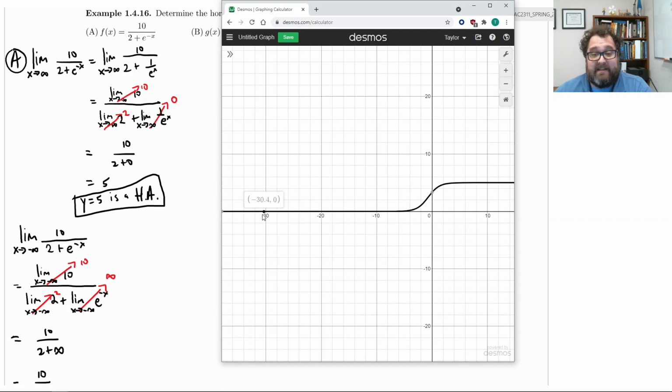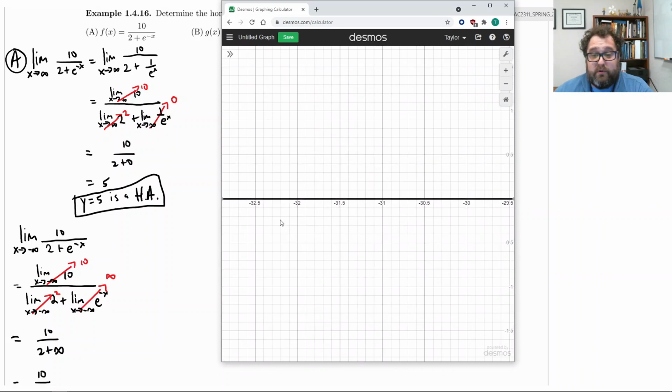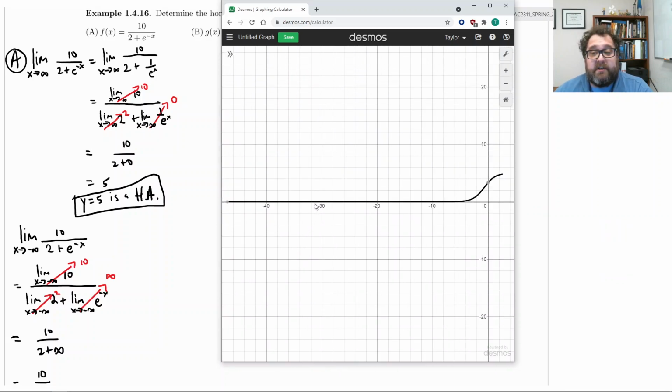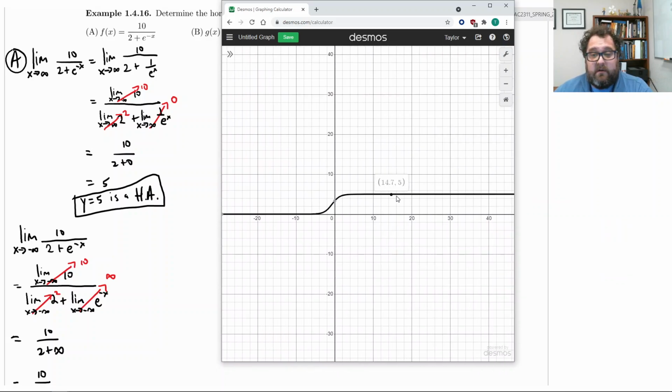They're so small, and that's only for x equal to negative 30. So you can tell they're getting super close to the horizontal axis. But then to the right, look at the y values. They're all going towards 5. In fact, Desmos here is rounding the y values to 5. They're not actually 5. They're like 4.999999, super, super close to 5.